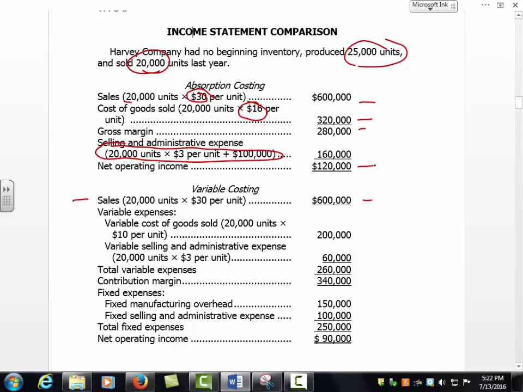If we do variable costing, and again remember that this is the contribution approach, so it's sales minus variables, contribution minus fixed is net income, then we see that the variable cost of goods sold is only 10. And again, the 20,000 units at 3, just like up above, is going to be 60,000.